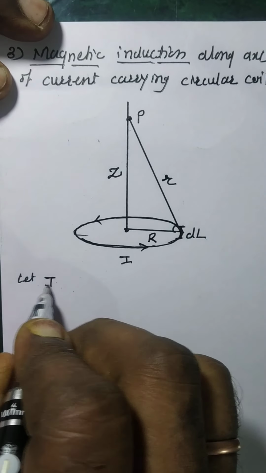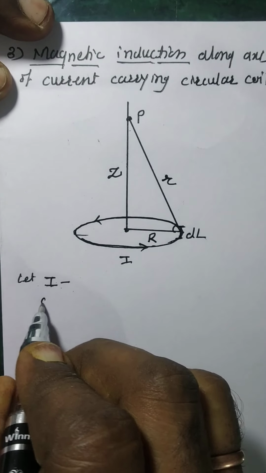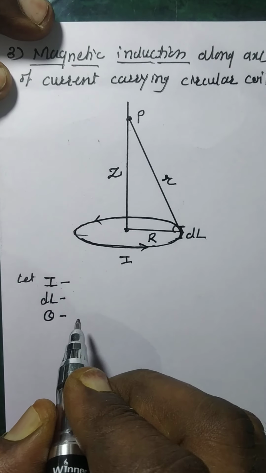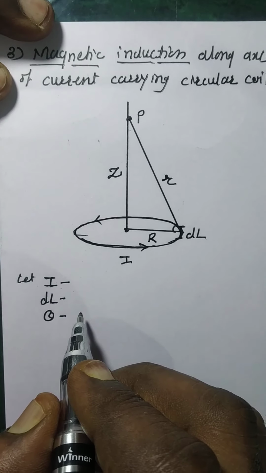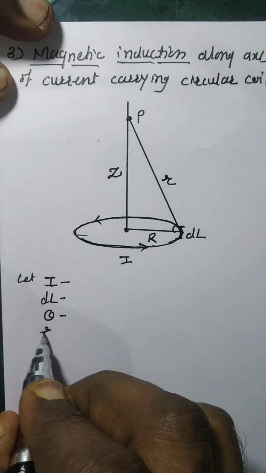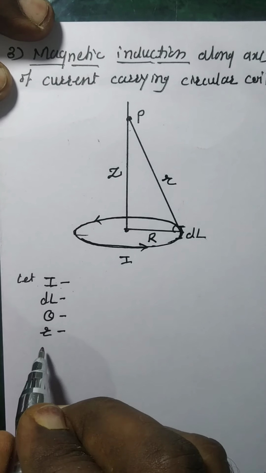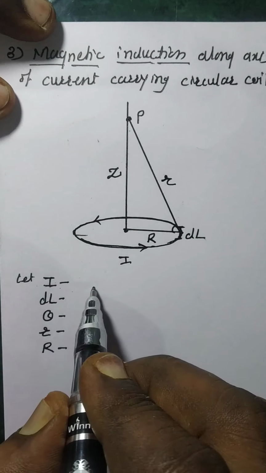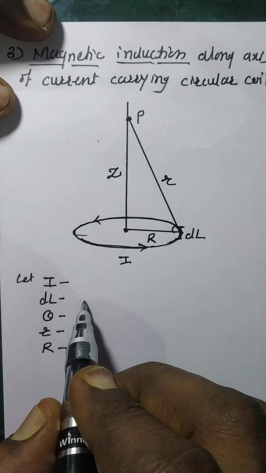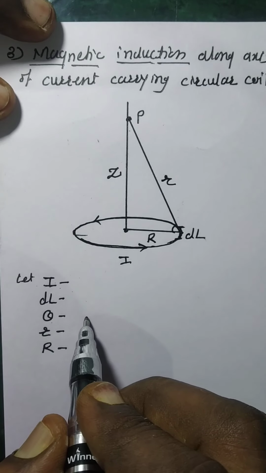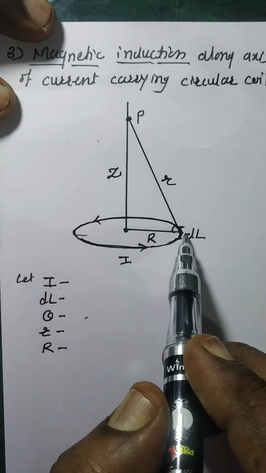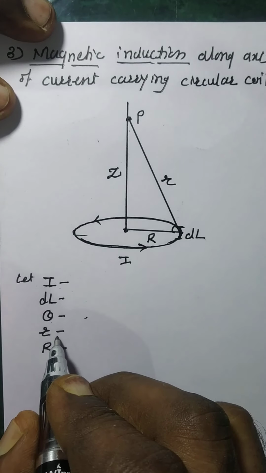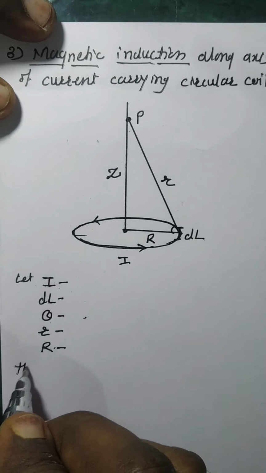Let I be the current flowing through the coil, dl the length of a small element of the coil, theta the angle between the element and the line joining the element to the point, r the distance of the point from the element, and capital R the radius of the coil.